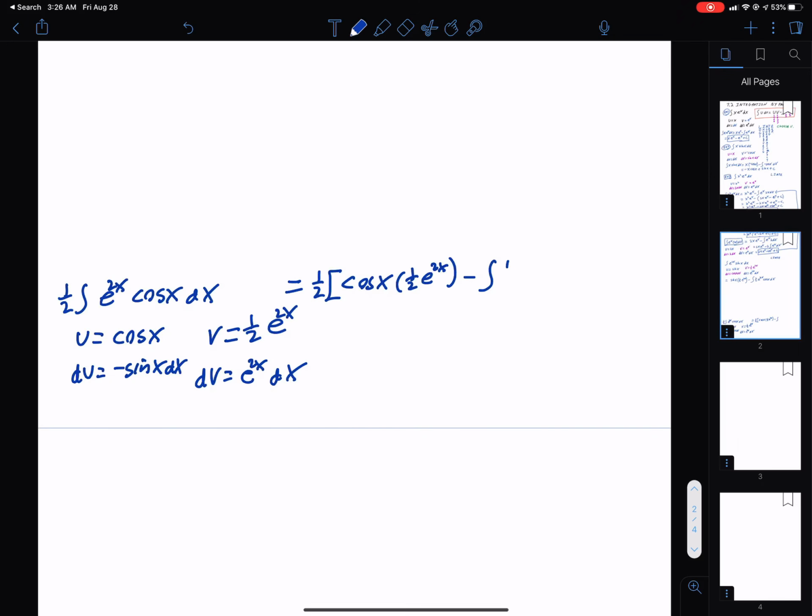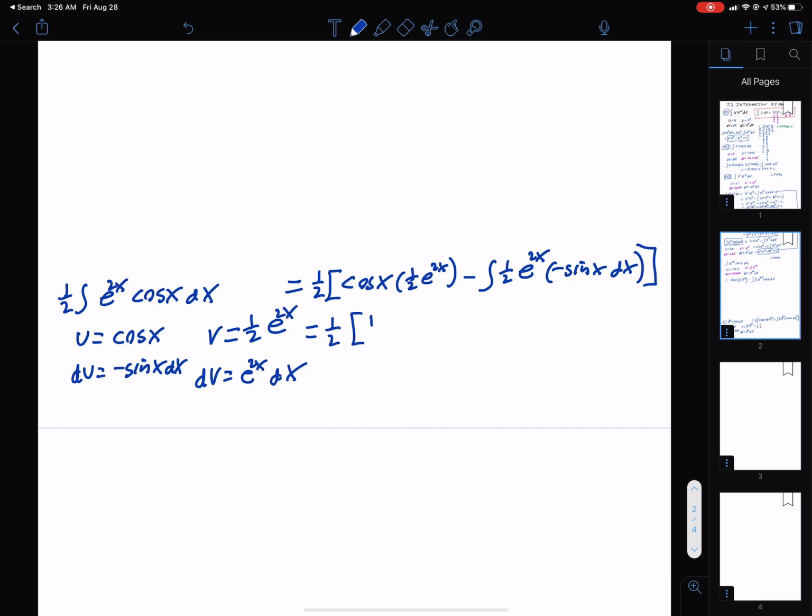My voo is 1/2 e to the 2x, and my do is minus sine x dx. There's a lot of stuff going on. Make sure you're careful with your parentheses and all that good stuff.